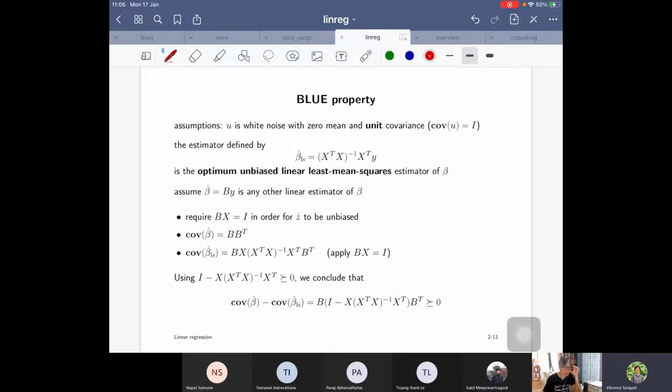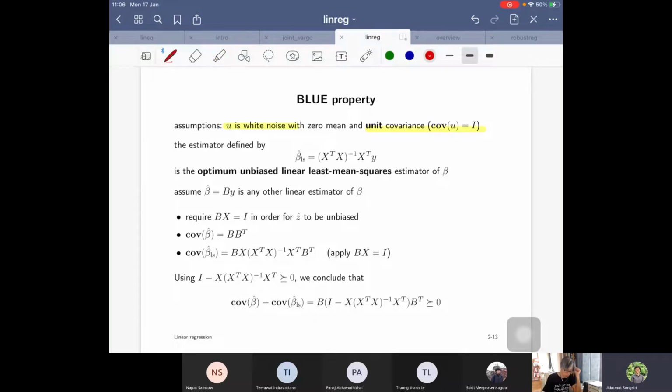Today I'm also going to present another important property of the least square estimate. It is optimal in the sense that it attains the minimum covariance when the noise is independent, or you can say when U is white noise with unit covariance.